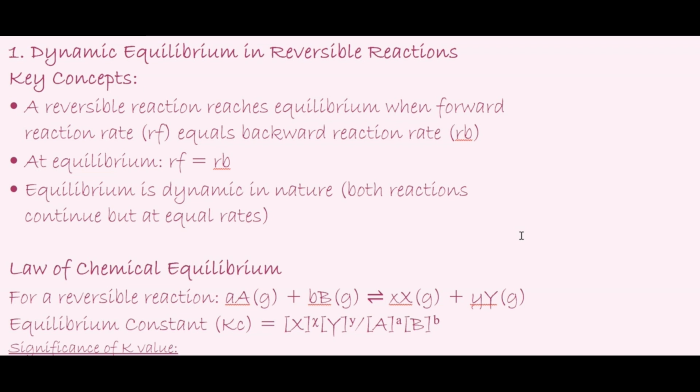In this chapter, we are particularly concerned about reversible reactions. They are denoted by the equilibrium symbol, like this. So reversible reactions, you can find out by this symbol itself.